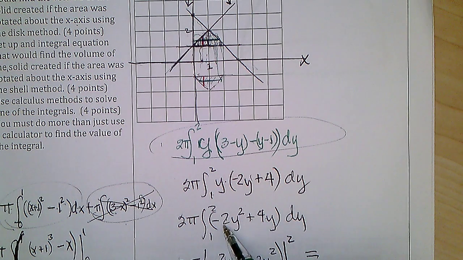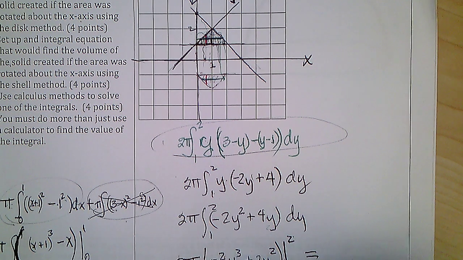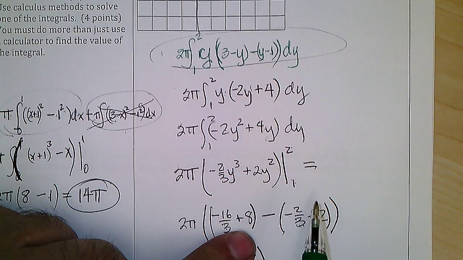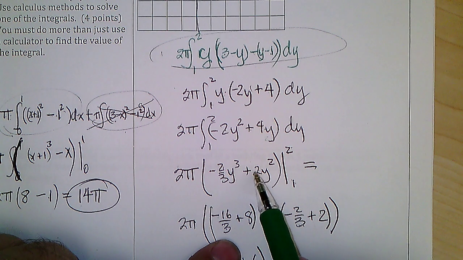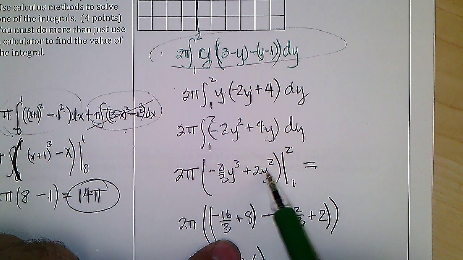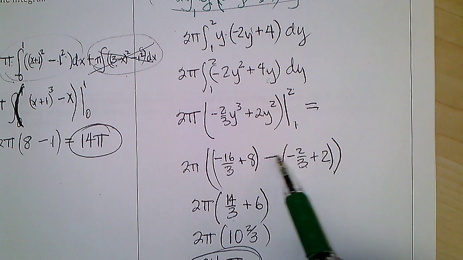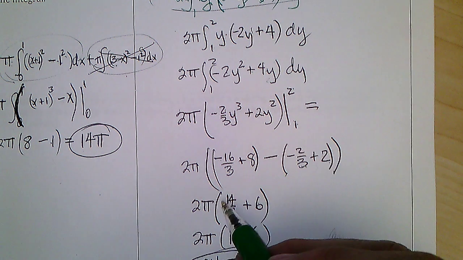Integrate this. It's going to be 3 divided by 3. Integrate that. 4y squared over 2, which is 2y squared. Put in 2. That's 8 times 2 is 16 over 3. 4 times 2 is 8. Minus, put 1 in there and I get minus 2/3 plus 2. So that's 16/3 minus 16/3 plus 2/3 is 14/3, minus 14/3.